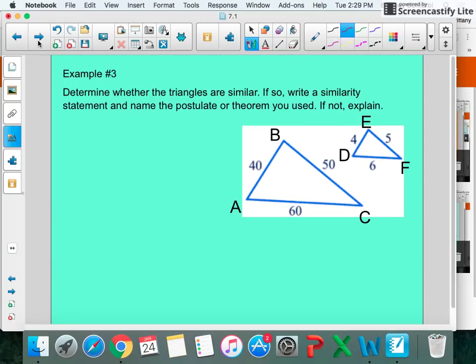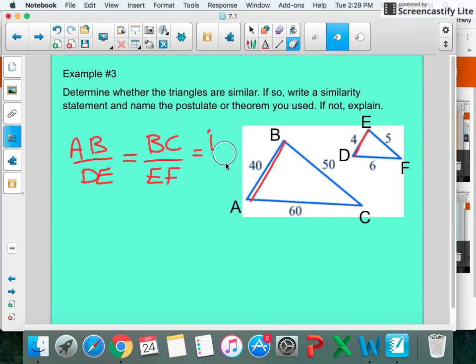So I'm going to match up AB with DE, and that's going to be equal to BC and EF, and then AC to DF.